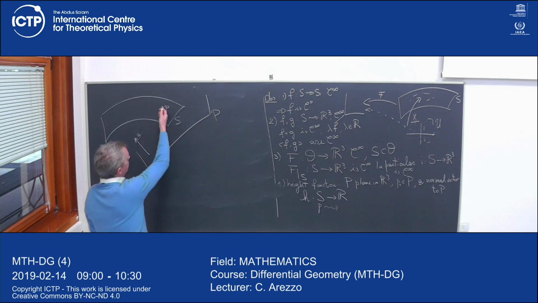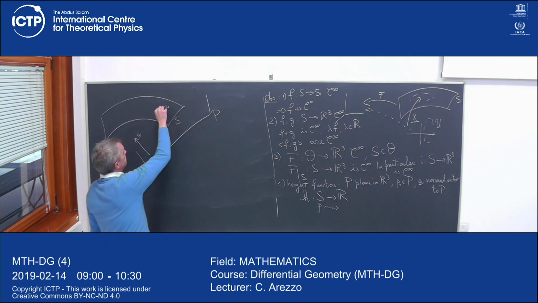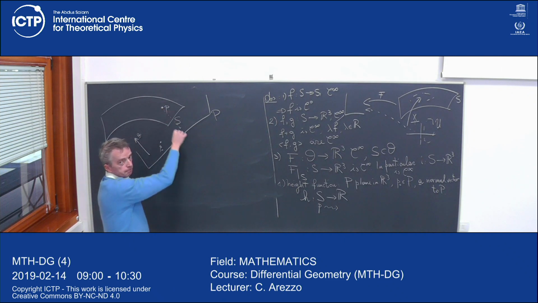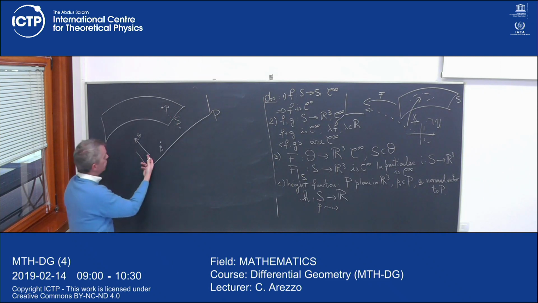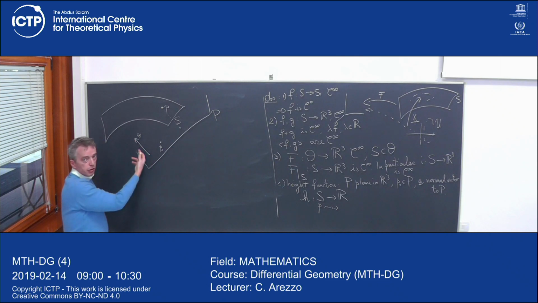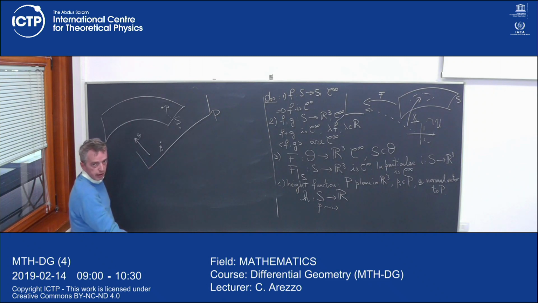What would you call the height of this point over this plane? Well, more or less the length of this vector, no? But the length with a sign, because the height could be positive, as in my picture, but could also be negative. You see, once you decide which normal vector you have taken, you have defined which is the positive part of R3 and which is the negative part of R3.